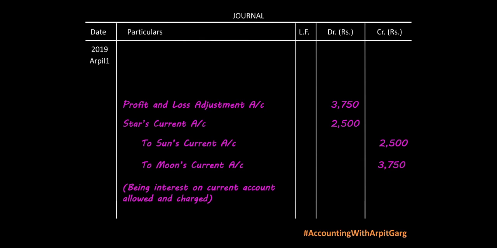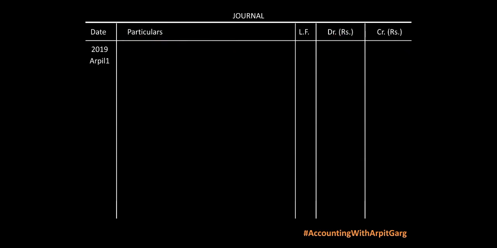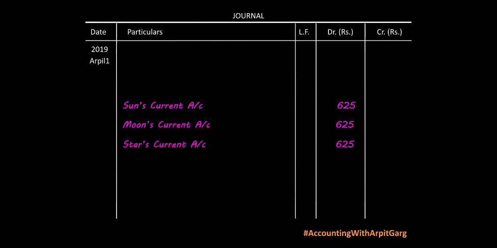Then interest on drawing. Interest on drawing we will take from partners, so it will decrease their account. So we will debit their account. Sun's current account debit 625, Moon's current account debit, Star's current account debit, to profit and loss adjustment account.